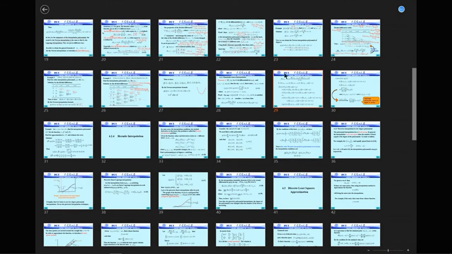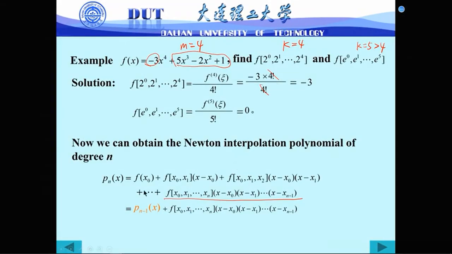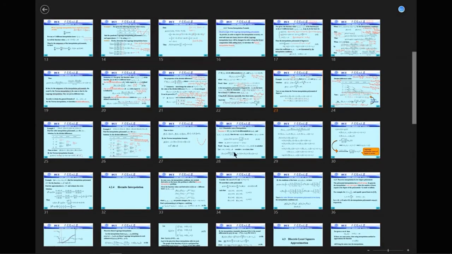Coming back here, you see f(x0), f[x0, x1] multiply x minus x0, and f[x0, x1, x2] multiply x minus x0 multiply x minus x1. So that means we just obtain the Lagrange formula.